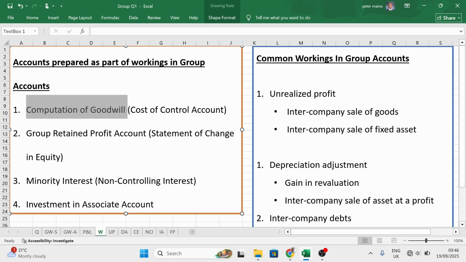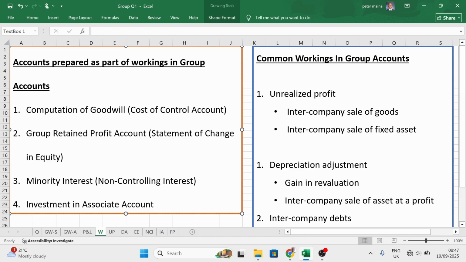The second one is to help you find the group retained profits. In this case, when you prepare the statement of change in equity, you are going to get the group retained profit. The third one is the minority interest or non-controlling interest. And the last one is investment in associate account. So those are accounts that we must prepare when we have both subsidiary and associate.